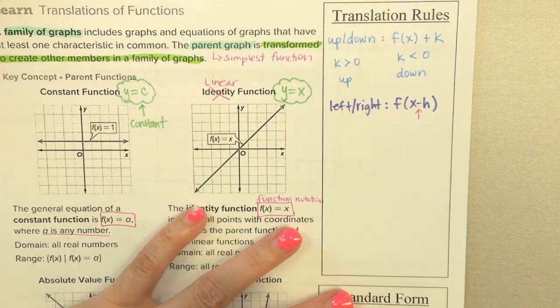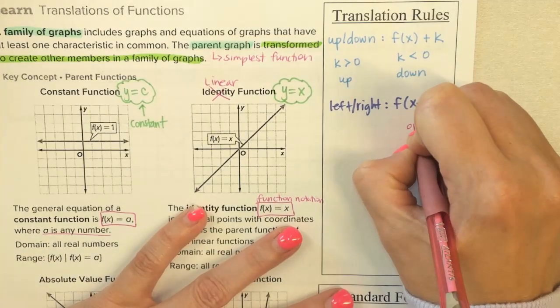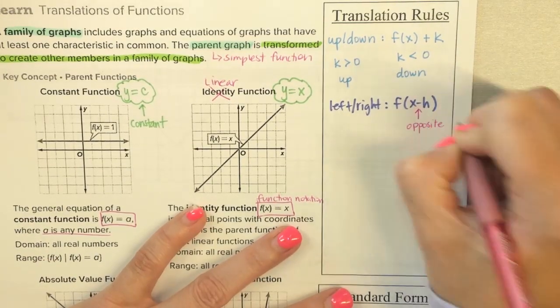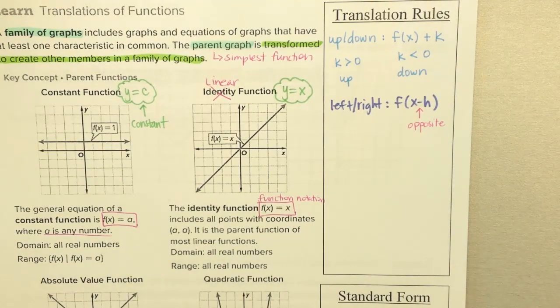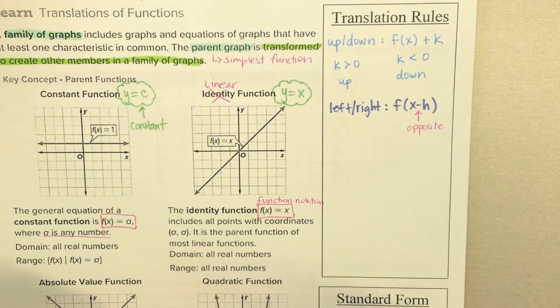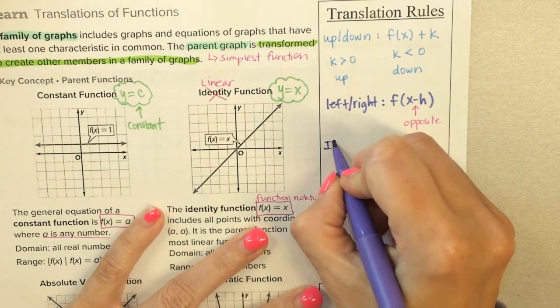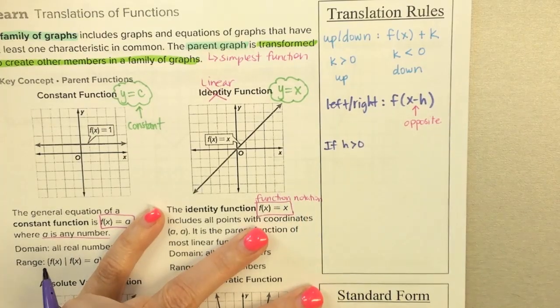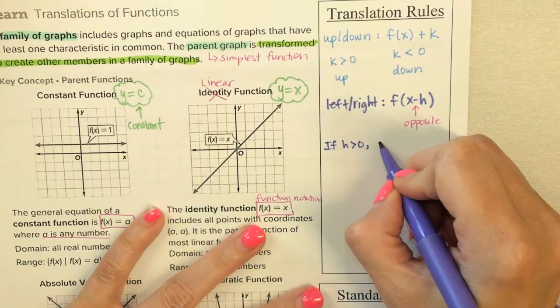So we know that it's a negative, but it also means the opposite. Okay, so if your value for h is positive, okay, that means the graph moves right.